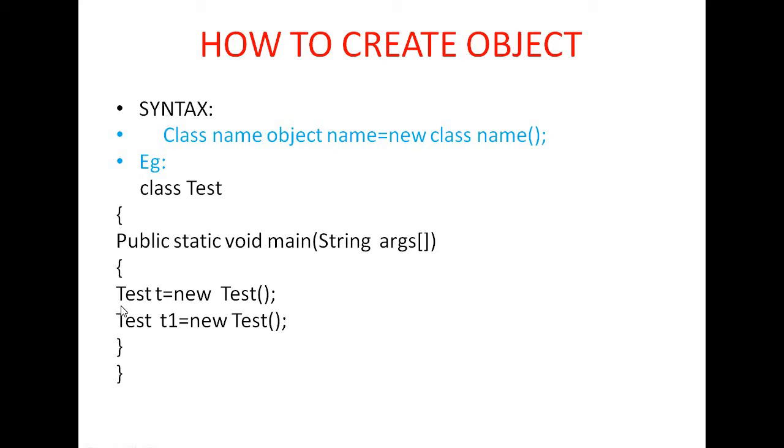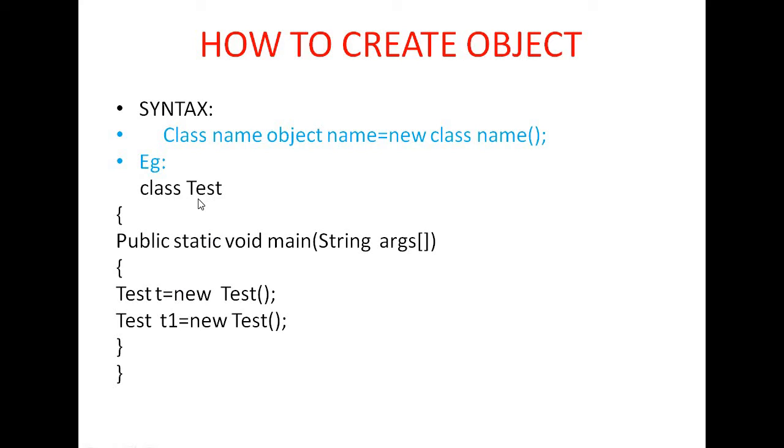In the second line, Test t1 = new Test(). So the class name is Test, t1 is the object name, new is the operator, and the class name is Test. So t1 is another object present in the Test class.